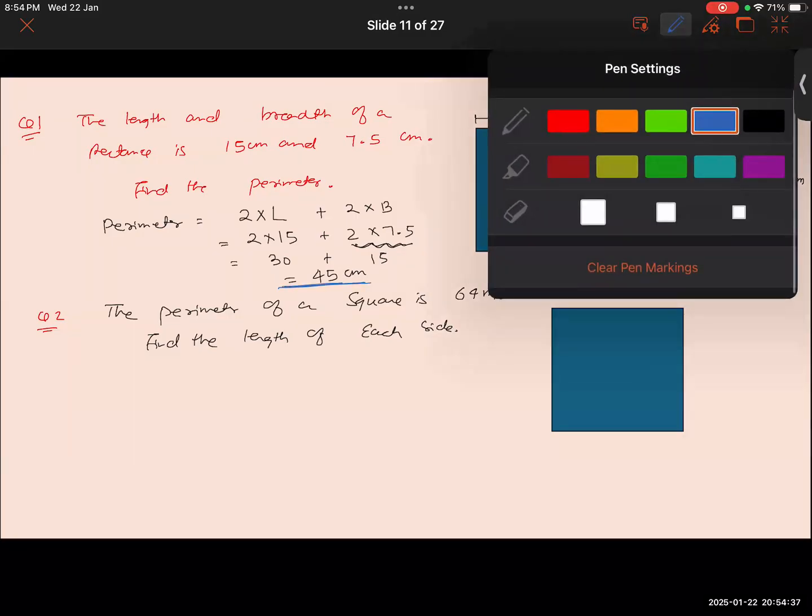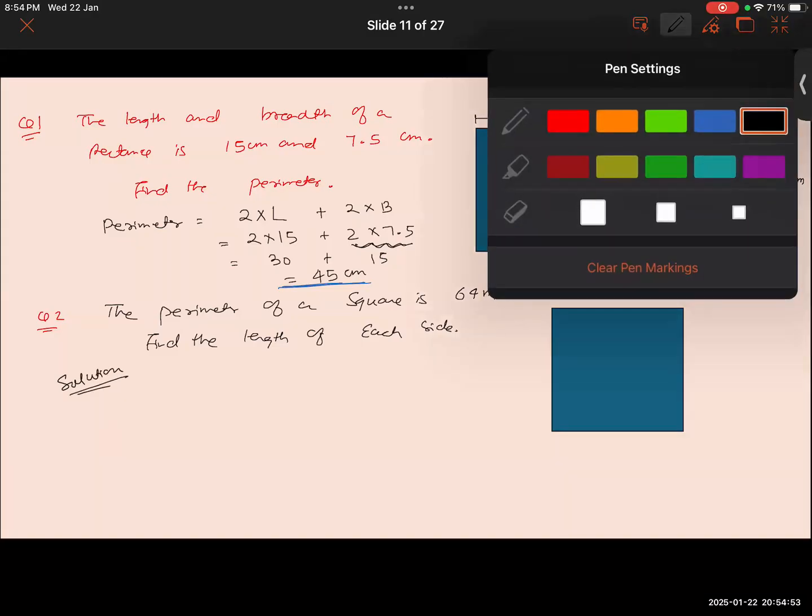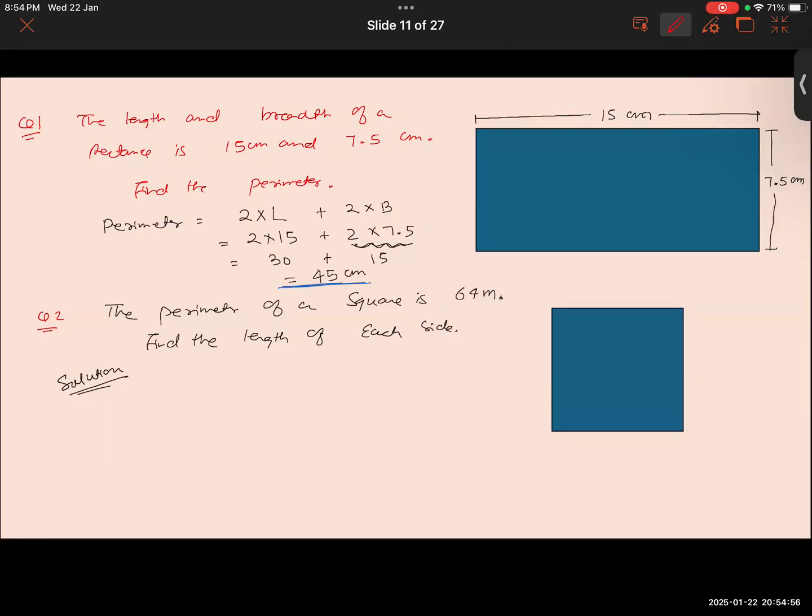The perimeter of a square is 64 meter. Find the length of each side. For this question, the formula is L plus L plus L plus L, the sum of all sides. Basically 4L, 4 times the length of each side. Perimeter of a square, as you already know the formula, that is 4L, 4 multiplied by the length. Now, as per the question, the perimeter is given, right?